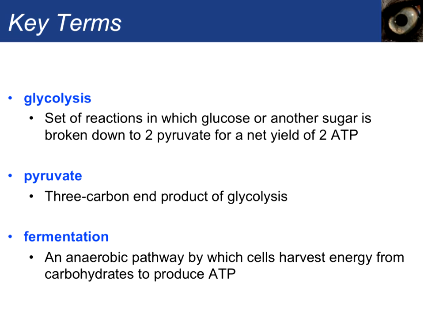And fermentation is an anaerobic pathway by which cells harvest energy from carbohydrates to produce ATP. So you have a net of 2 ATP per glucose molecule that's produced using glycolysis. And like I said, we're going to go into much more detail on the process of glycolysis and cellular respiration in these slides. This is kind of just an introduction to what you're looking at.